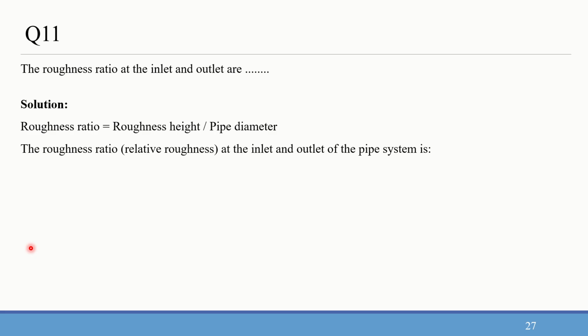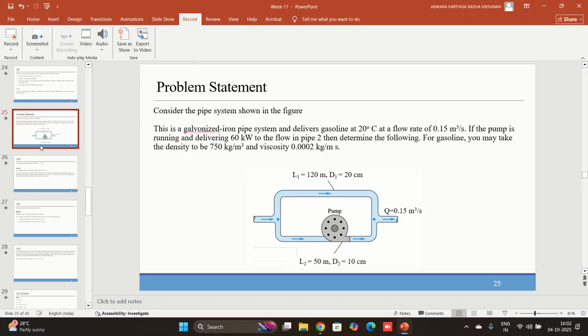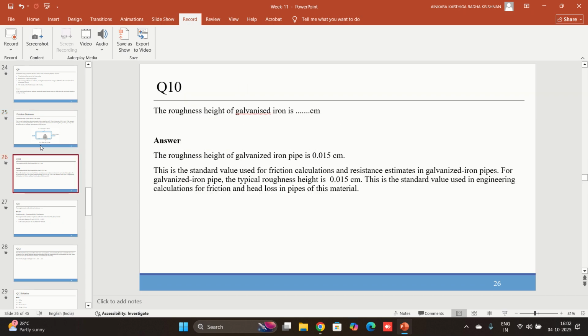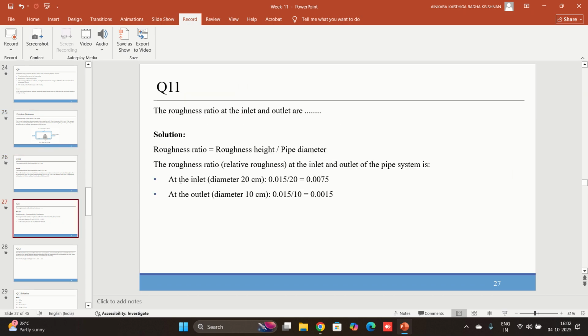So the roughness ratio at the inlet and outlet of the pipe system: at the inlet the diameter is not 25 centimeter actually, it is 20 centimeter only.